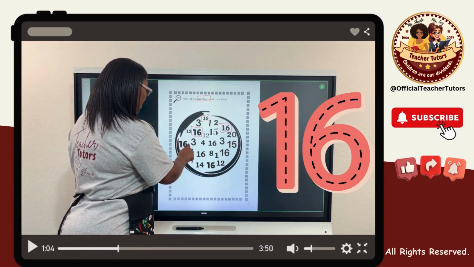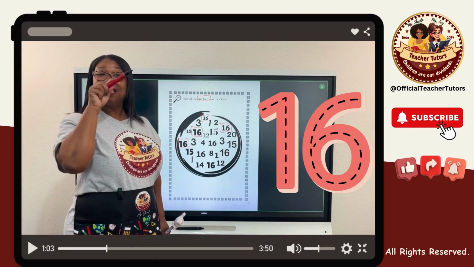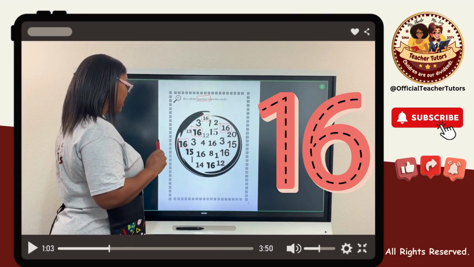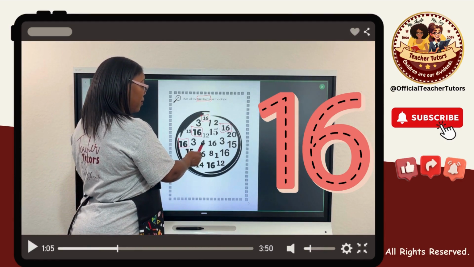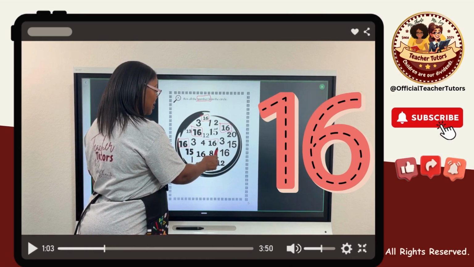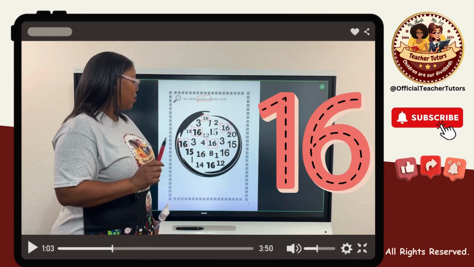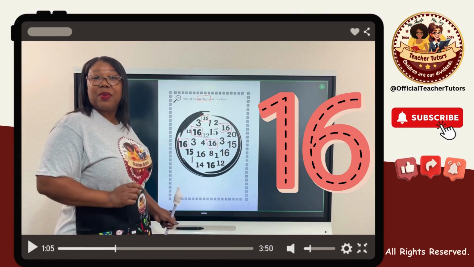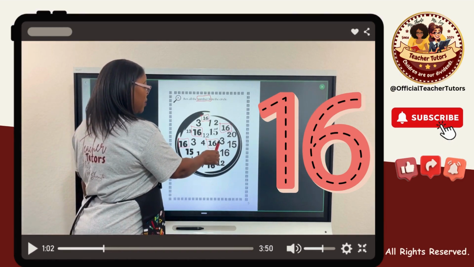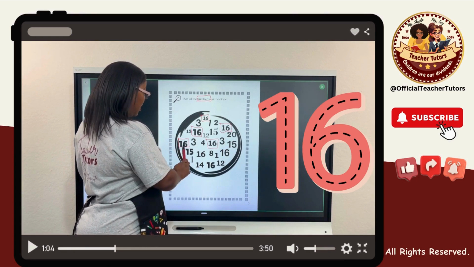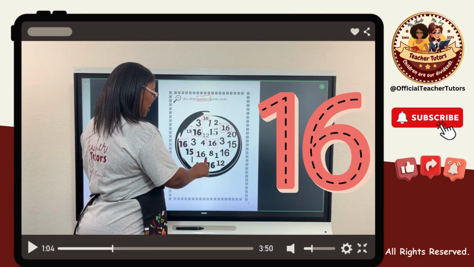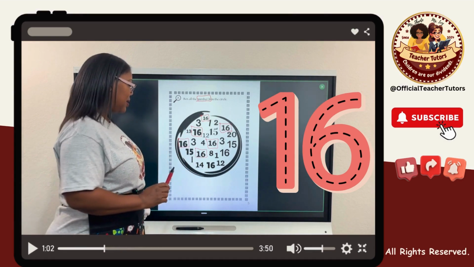Oh, here's another one, another 16. Go ahead and box it. 3, 4, yes, 16. We get to box it. 16. 3, 15, 15, 16. Go ahead and box it.